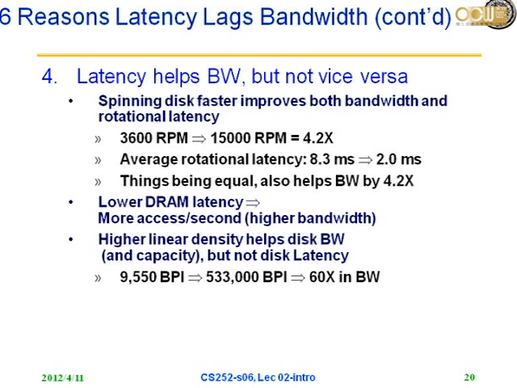Lower DRAM latency makes more accesses per second, so we get higher bandwidth. So this latency improvement will help bandwidth. Higher linear density helps bandwidth, but not disk latency. So this is reason number 4.